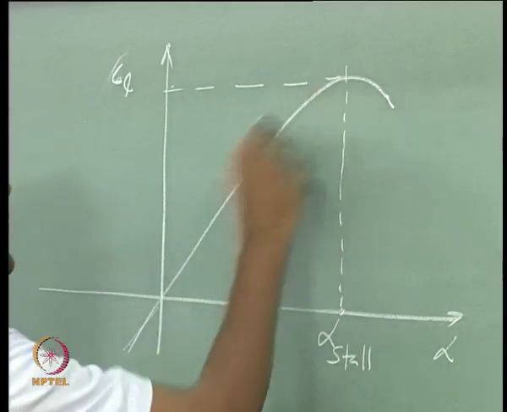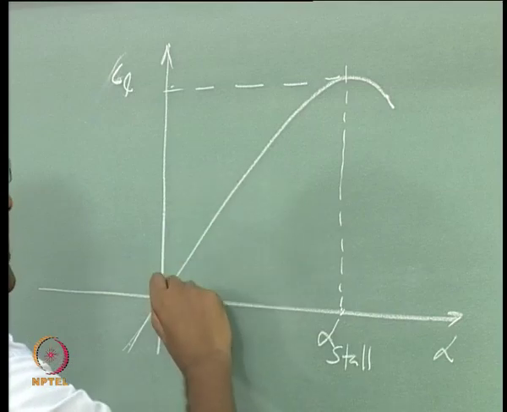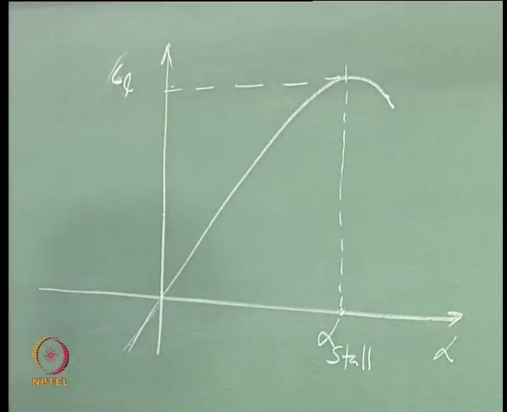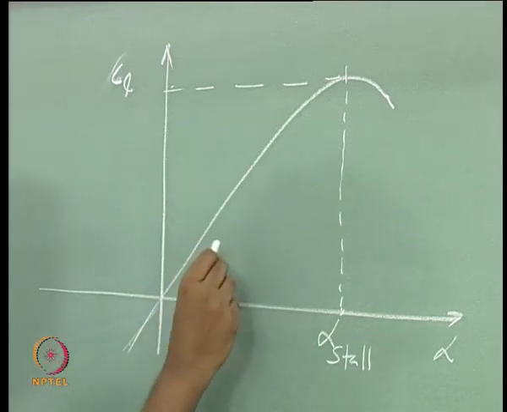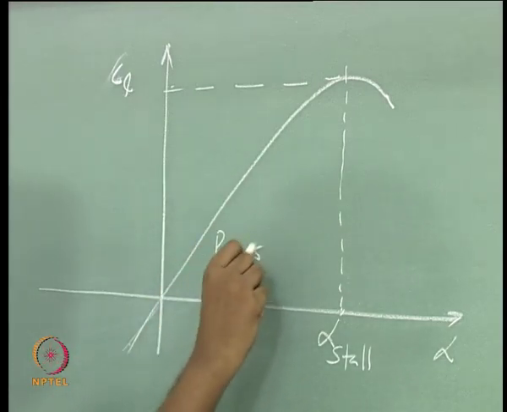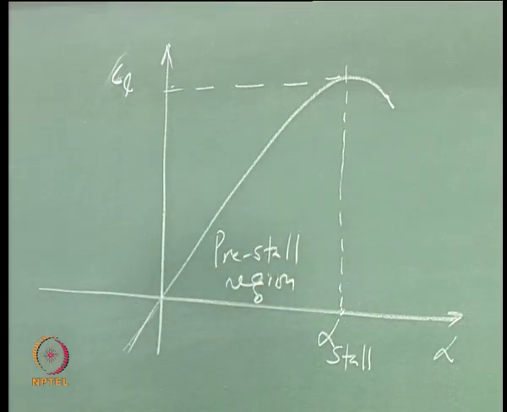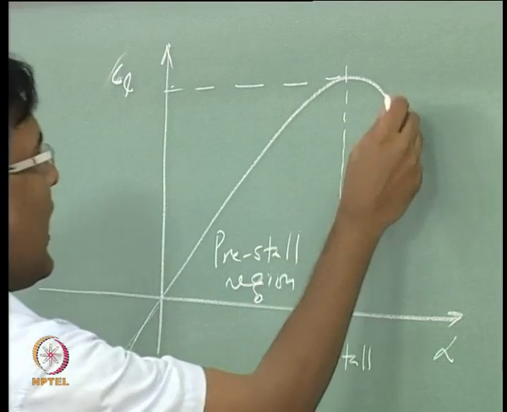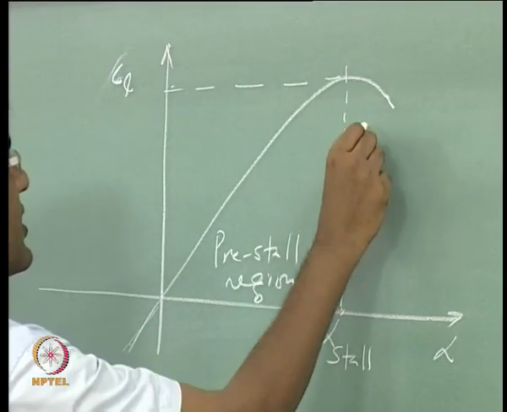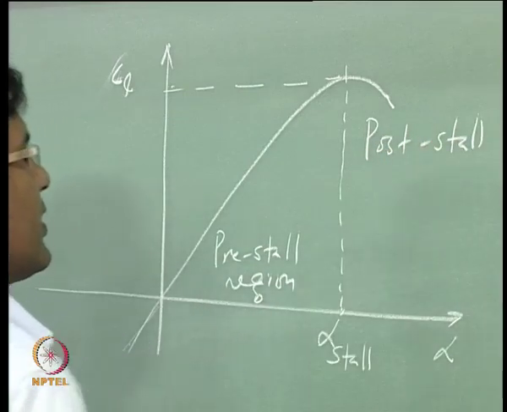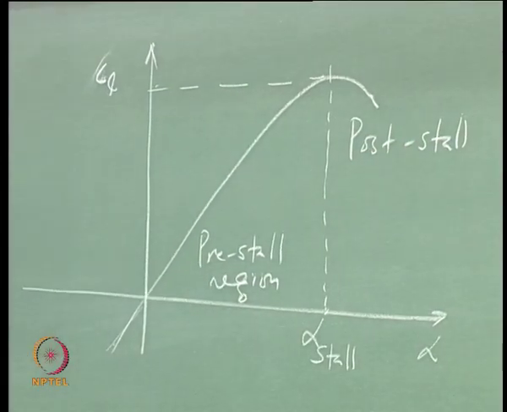So, this region where you see almost linear variation of CL with respect to alpha is called the pre-stall region, and beyond this alpha stall you have the post stall region.